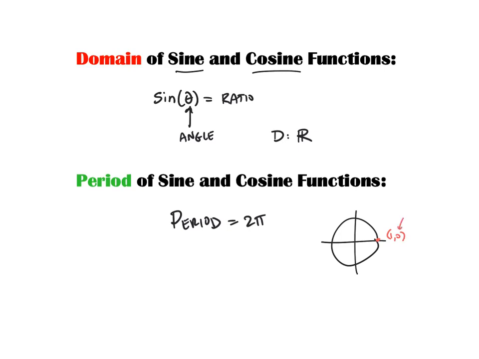Now this is interesting, but when's the next time I get a 0? Well, I'm getting positive y values, then I hit a 1, then I come back down, and I hit a 0. So you might think it duplicates itself after pi units. That's not true, because now the values for y are negative to -1 and back up to 0.